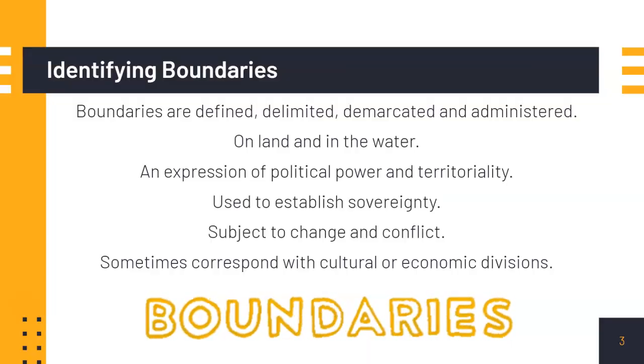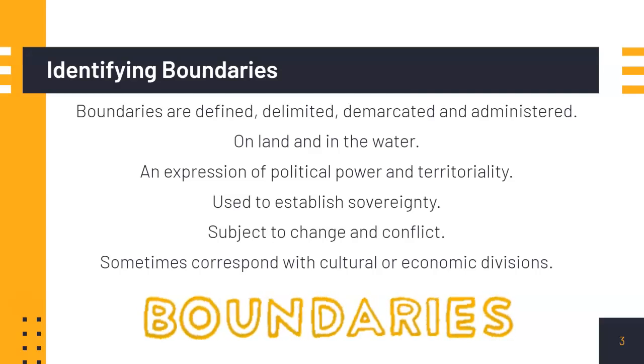Boundaries play a crucial role in defining the extent of a country's control over its territory. They can be defined, delimited, demarcated, and administered. The definition of a boundary refers to the legal description or agreement that establishes where a boundary lies, often based on treaties or international agreements.